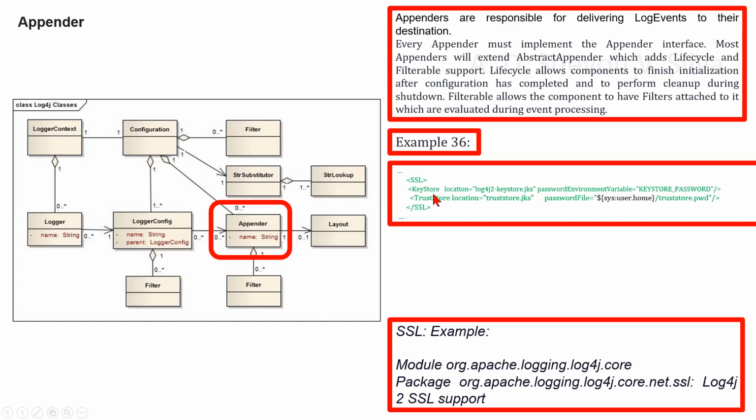Key store configuration parameters: location, type string, path to the key store file; password environment variable, string, the name of the environment variable that holds the password, cannot be combined with either password or password file.